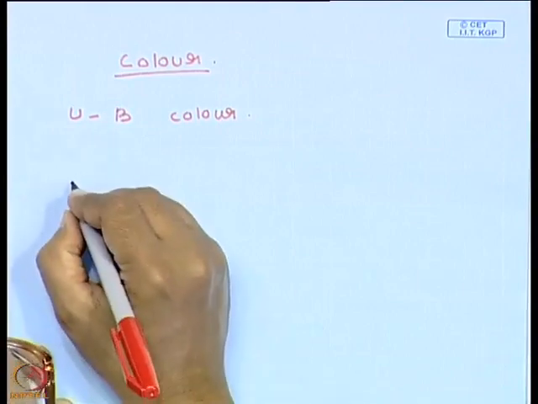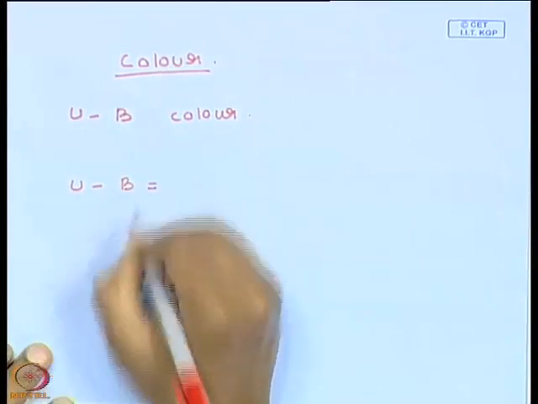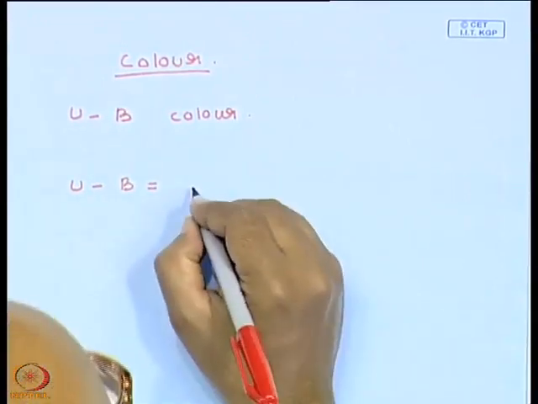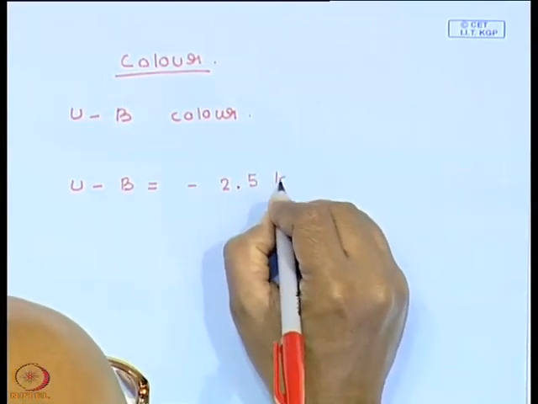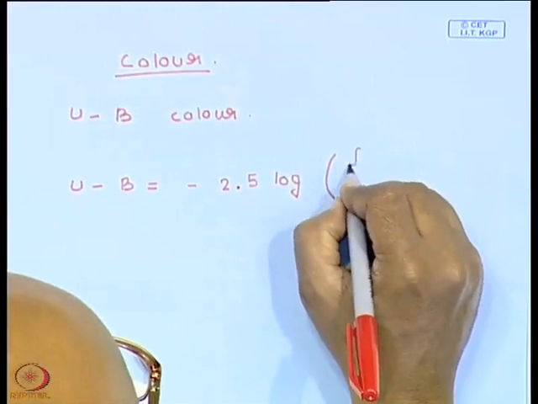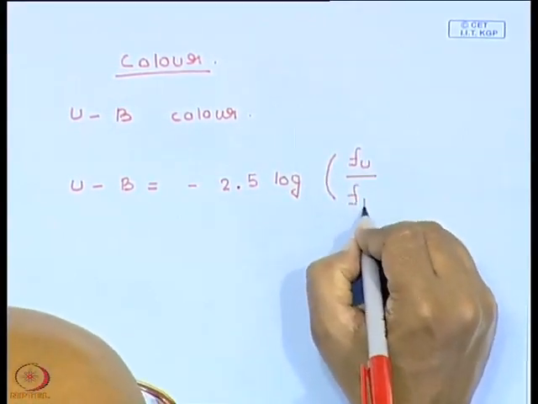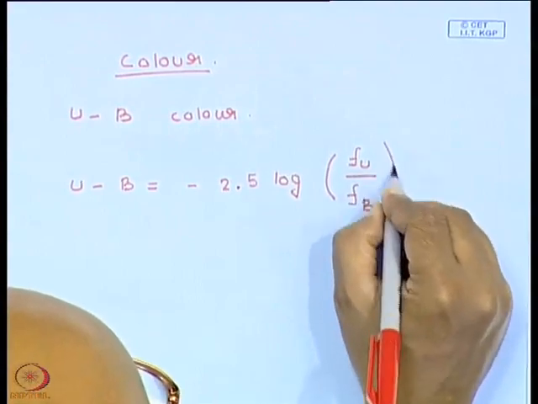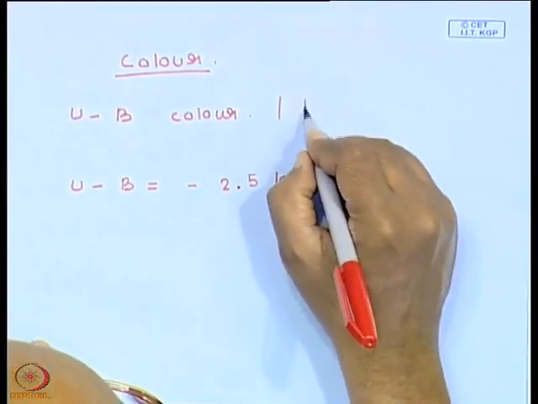So U minus B is equal to minus 2.5 log of the flux in the U band divided by the flux in the B band. Similarly, you could also have a B minus V color.